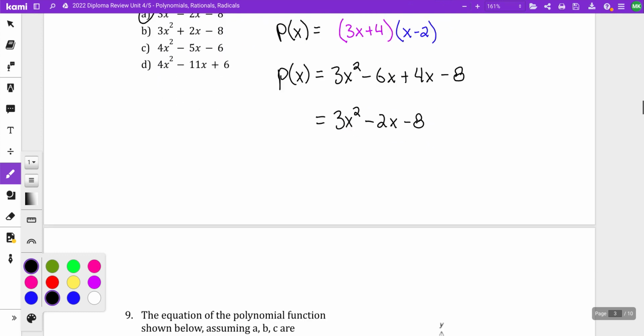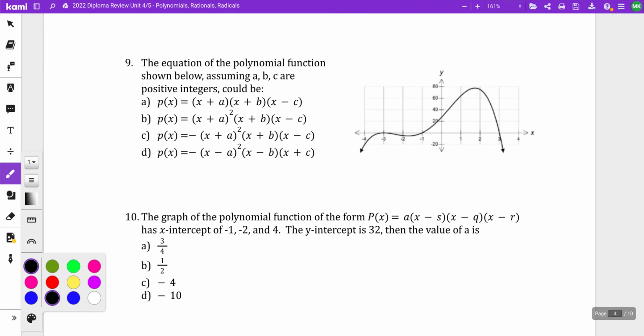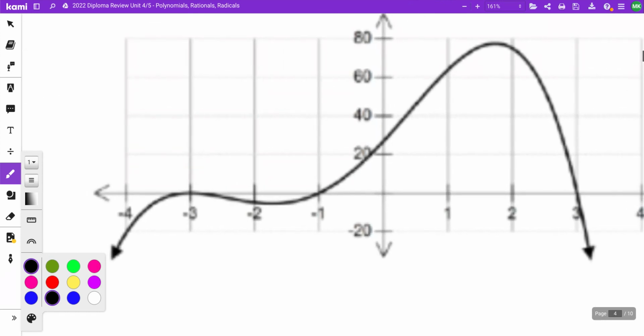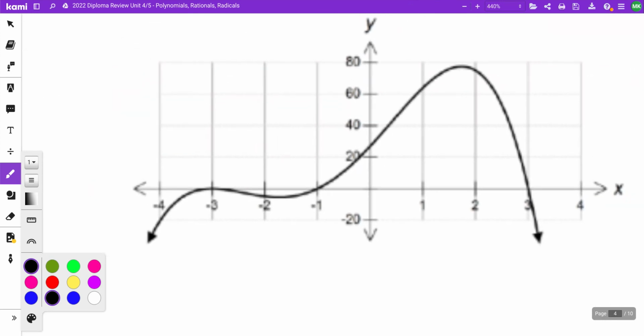Let's keep going. Number 9. The equation of a polynomial function shown below, assuming a, b, and c are positive integers, could be. Looking at this graph, I've got some x-intercepts here, right there, right there, right there.